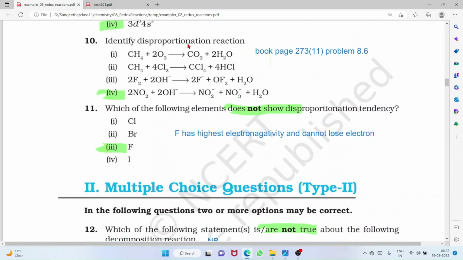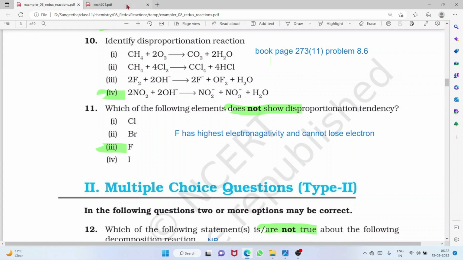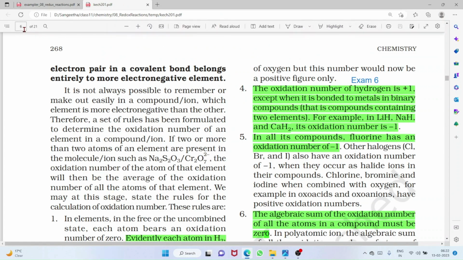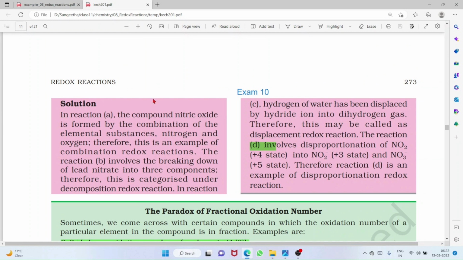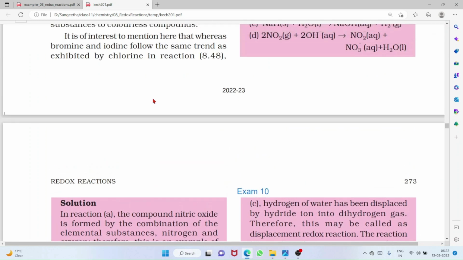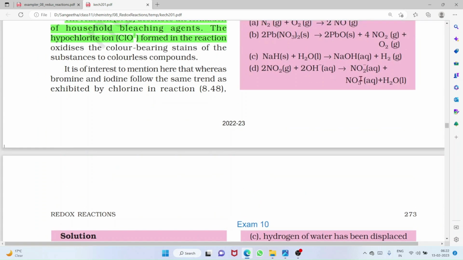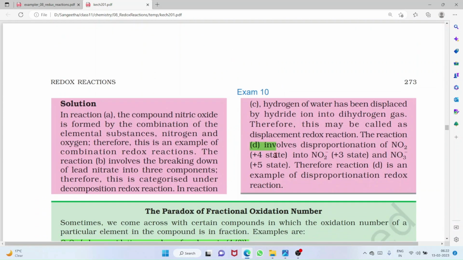That is, the same element will have two different oxidation states in the reaction. So this is that reaction, this reaction they have given. Here it involves disproportionation because of these different oxidation states. So you can go through the book here.